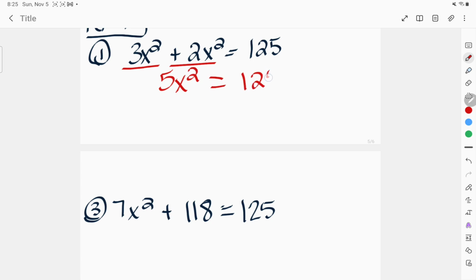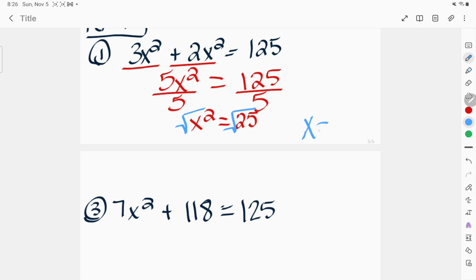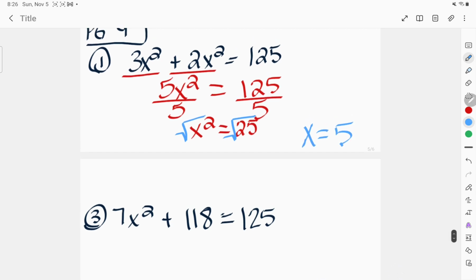And that's going to equal 125. I'm going to divide both sides by 5. And x squared is going to equal 125 divided by 5, which is 25. So from here, you just take the square root of both sides, and x is going to equal 5.